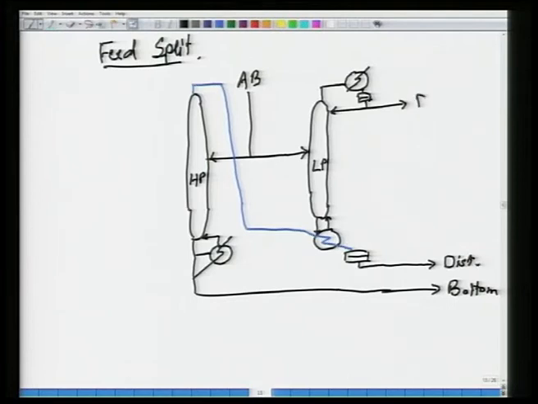This is also distillate, and part of it is refluxed back into the column.